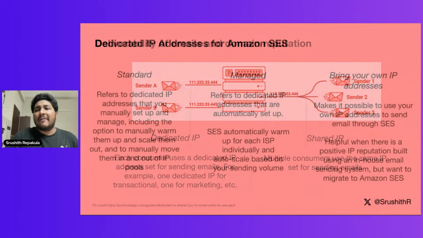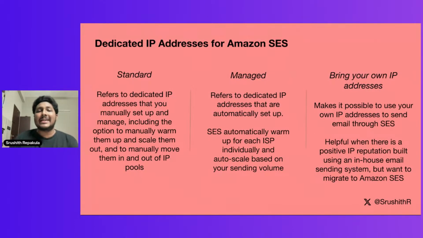There are three types of options available on SES: standard, managed, and bring your own IP addresses. With standard, it is a dedicated pool of IP addresses where we as developers, or people consuming the service, have to take care of warming up the IPs and scaling them out as well. Whereas managed, as the name suggests, is completely managed by AWS, where the dedicated IPs are generated by AWS, and AWS takes care of warming up and scaling them depending on the requests coming into the application.